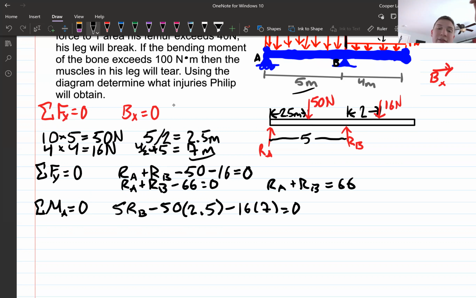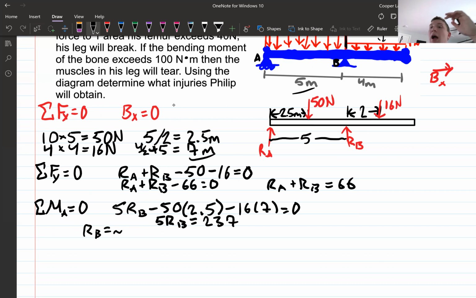Now when I multiply this out, I'm actually going to get 5R_B equals 237, because it's a negative value, so I also added it over to the other side. And when I do that, I get R_B equals approximately.